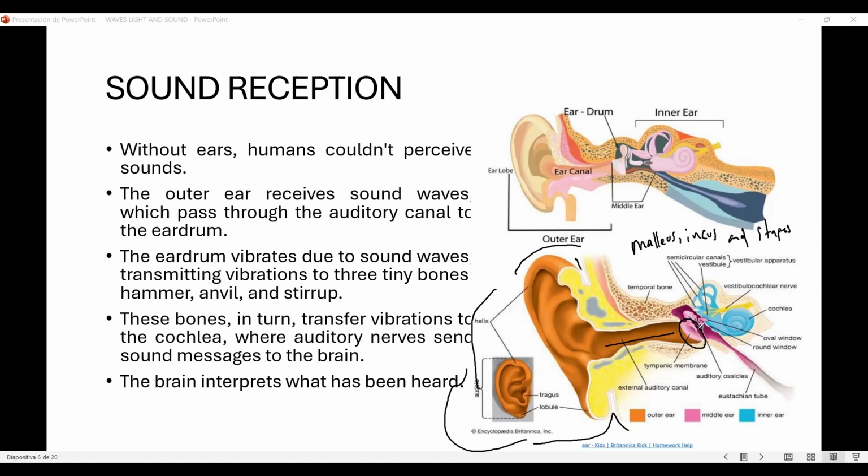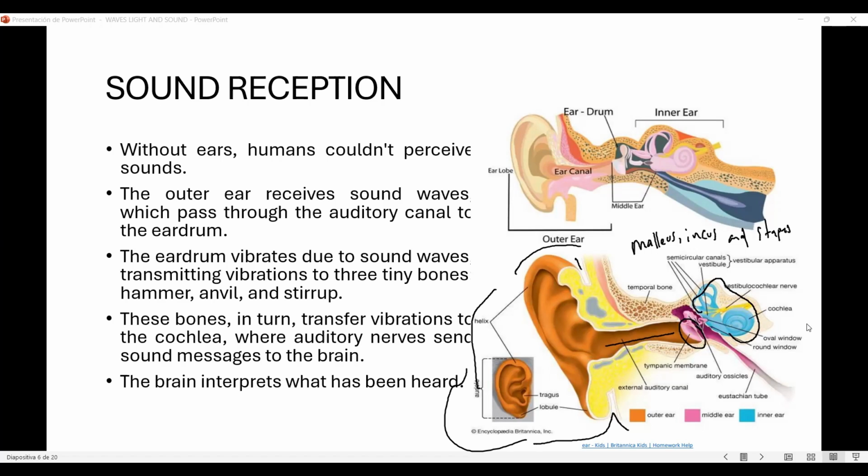So we can observe that in a certain way the tympanic membrane is a connection between the middle ear and the inner ear, right? So the stapes will connect to the oval window, right? That is a membrane covering the opening of the cochlea, the spiral shaped structure. When the stapes vibrates against the oval window, it creates fluid waves in the cochlea.